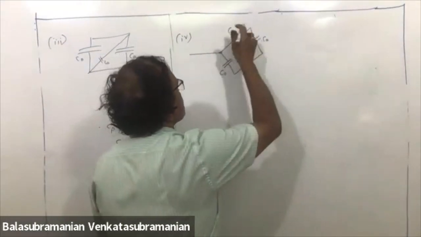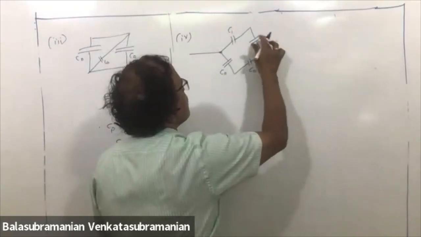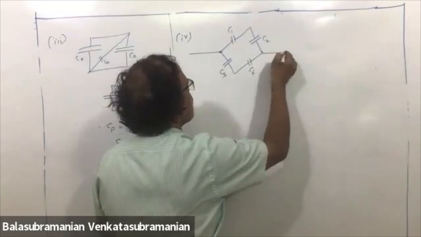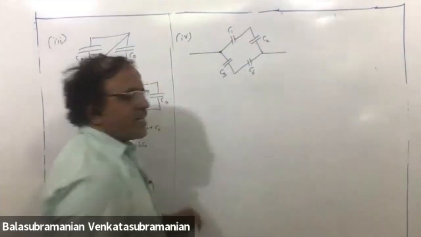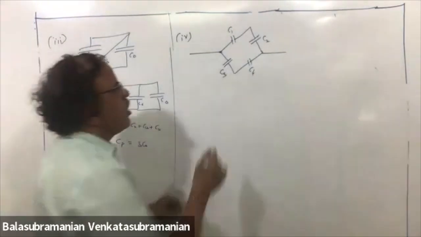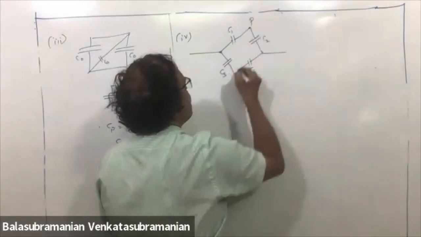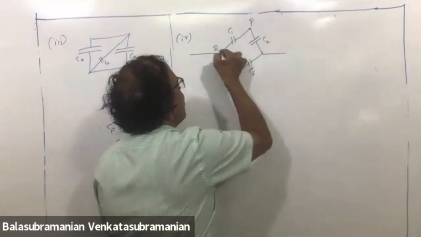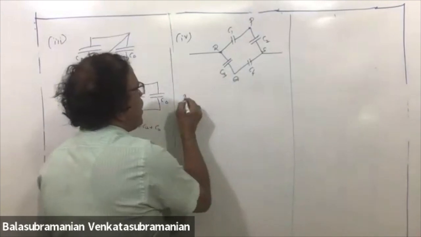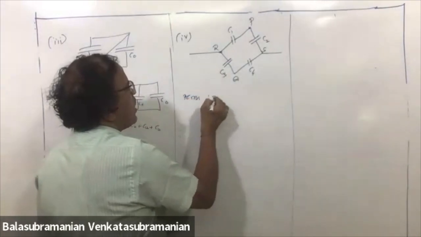So we will take these as C1, C2, C3, C4. 4 junctions here we have. We will name them P, Q, R, S. Across PQ we want to calculate.